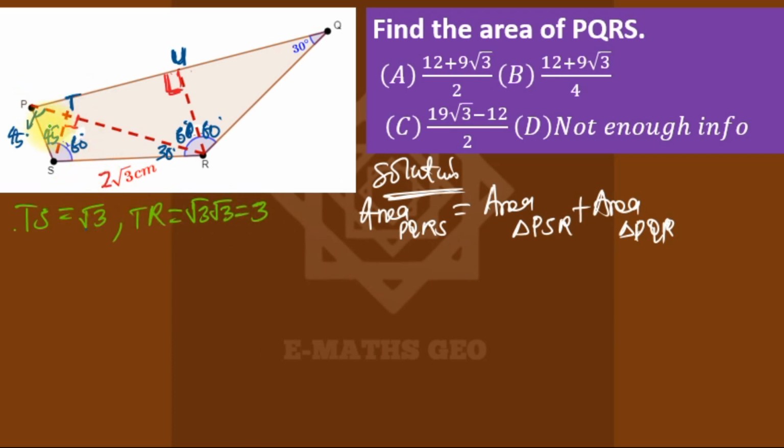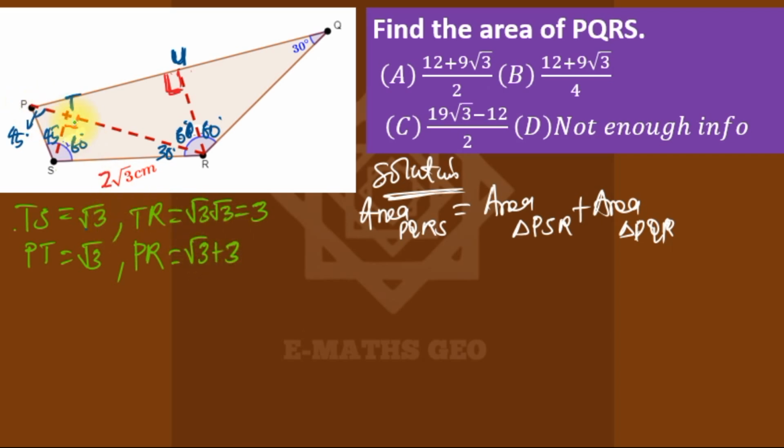And again, if you look at this, since this is root 3, PT will also be root 3 by 45, 45, 90 triangle. So what do you see? The total length, that's PR, will now be root 3 plus 3.